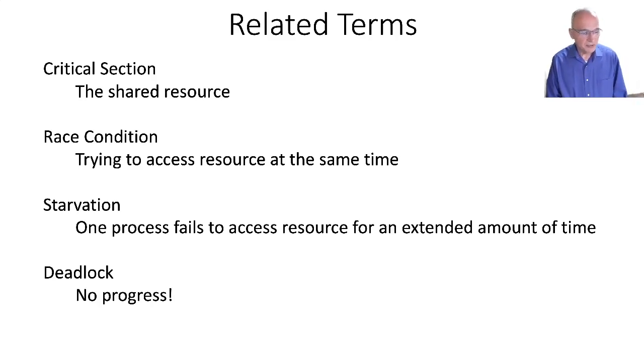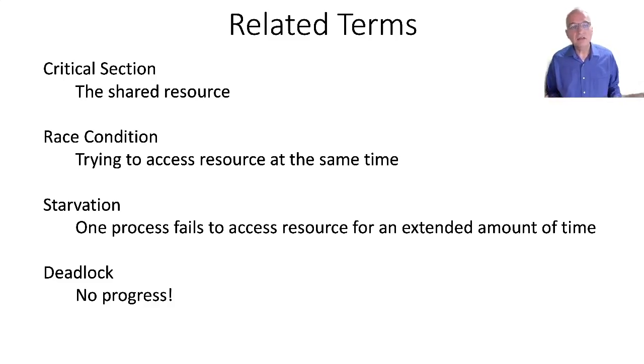And the last concept that we're going to address in this lecture is the concept of deadlock. Deadlock happens when you need to acquire multiple locks to access a shared resource. And in that case, if you're not very careful in writing your code, you could end up in a situation where processor A has acquired some of the locks, and processor B has acquired some of the locks.